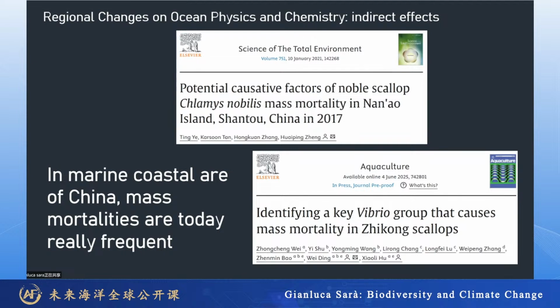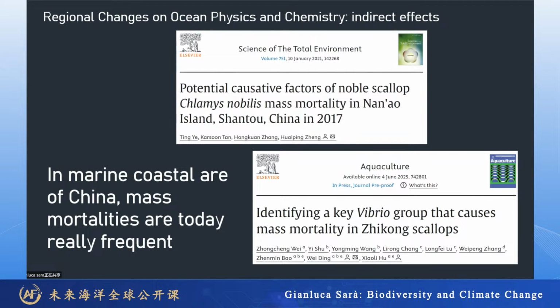But we can also have an effect through diseases, for example, and then increasing the frequency of disease can have an effect in terms of mass mortality. This is an indirect effect because it is an effect on the metabolism of our bivalves. For example, in the scallop Chlamys nobilis, the effect is through disease.